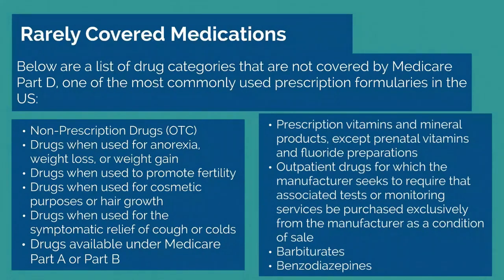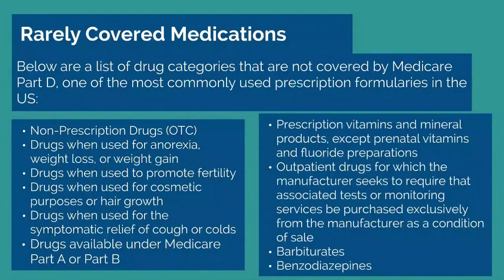So we've listed here some drug categories that are not covered by Medicare Part D, which is one of the most commonly used prescription formularies in the U.S. It includes non-prescription drugs or OTC medications, drugs when used for anorexia, weight loss, or weight gain, drugs when used to promote fertility, drugs when used for cosmetic purposes or hair growth, drugs when used for the symptomatic relief of cough or colds, drugs available under Medicare Part A or Part B, prescription vitamins and mineral products except prenatal vitamins or fluoride preparations, outpatient drugs for which the manufacturer seeks to require the associated tests or monitoring services be purchased exclusively from the manufacturer as a condition of sale, and then barbiturates and benzodiazepines.